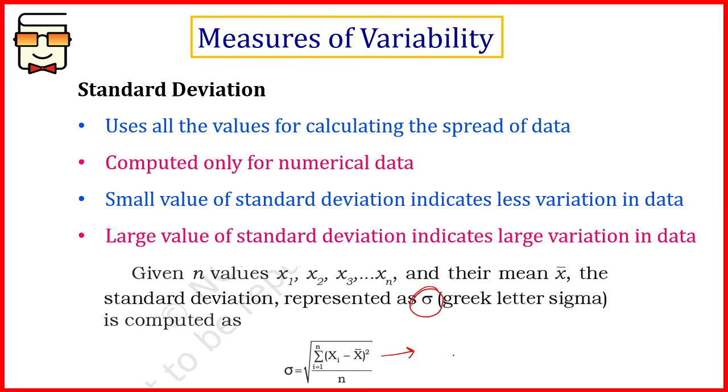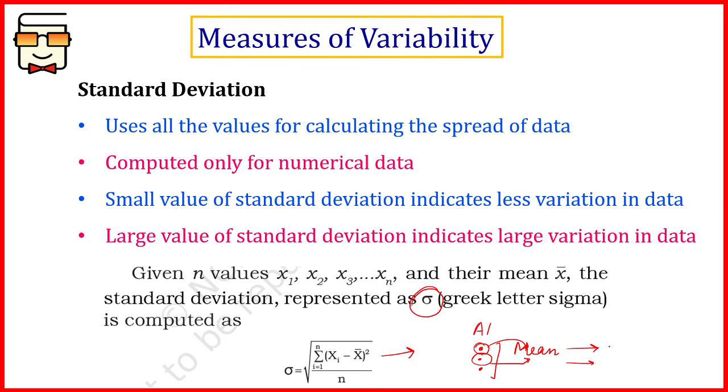So here, if you have an attribute, say A1, and you have values, say 1, 2 and 3, first you will calculate the mean of all these values. Then you will calculate the difference between the first value and the mean. You will get one value. Then you will calculate the difference between the second value and the mean.